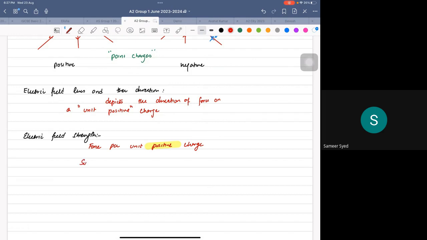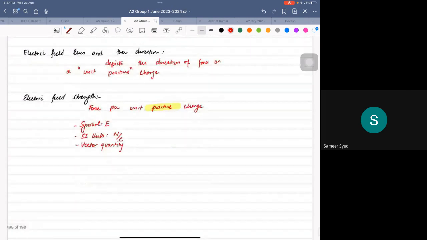Now, the symbol that we're going to use for electric field strength is E. The SI units for electric field strength would be newtons per coulomb, and it is a vector quantity, which means we're going to be very careful about its direction as well. By the definition itself, electric field strength is force per unit charge.